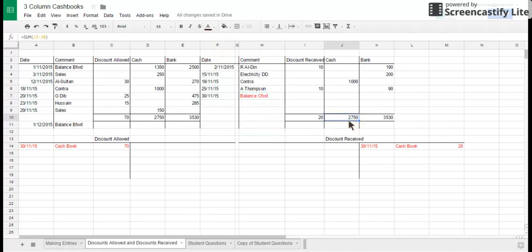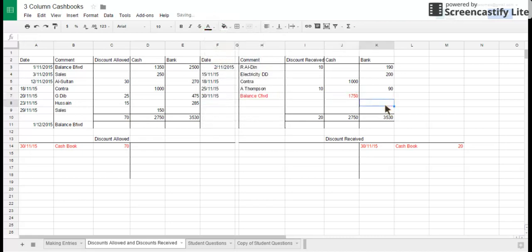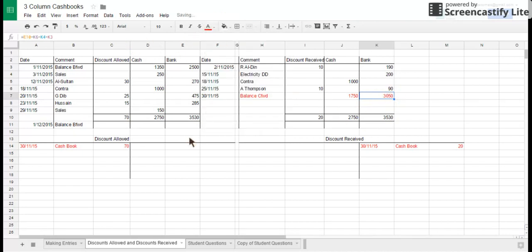So on the credit side, we have a balance carried forward of 1,750 because we've already got 1,000 on the credit side. And on the bank, we've got 3,530, take away 480, that's going to equal 3,050.